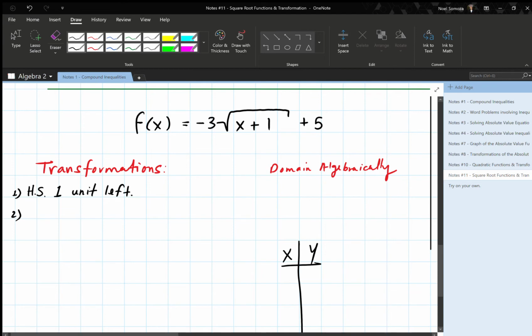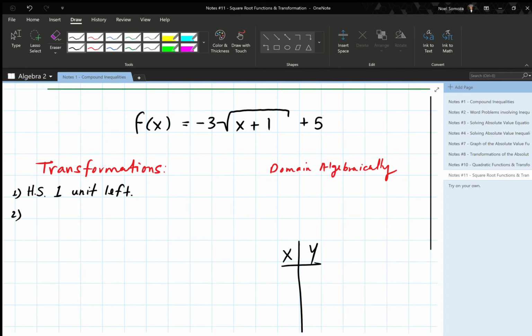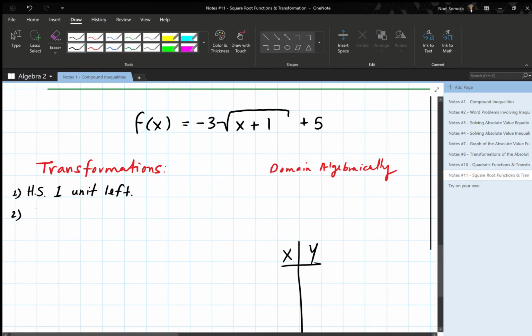It's a stretch, right? Why is it a stretch? Yes, the value of A is greater than 1. So we know that the 3 is going to cause this thing to stretch. So we have a vertical stretch by a factor of 3. Okay. Then what?